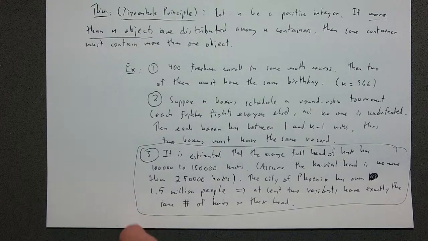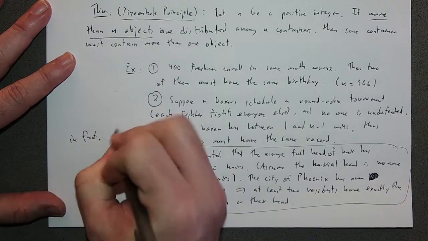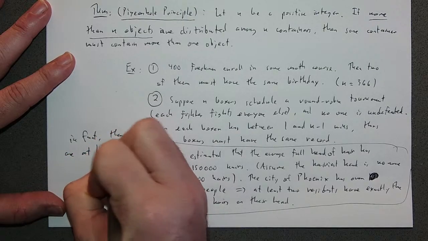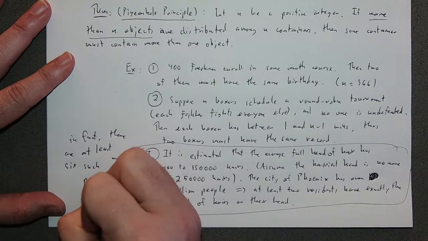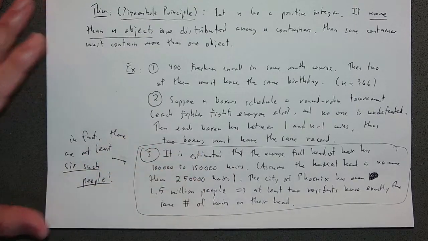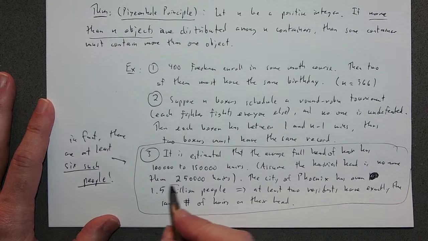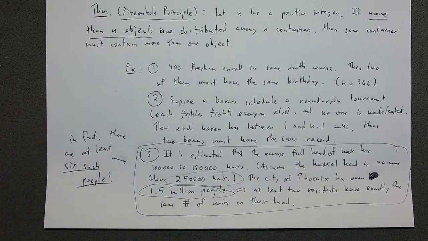There have to be at least 6 people that have identical hair counts. So think about this for a second, why this has to be. Because of how many more people there are than the boxes we are trying to fill. Okay?